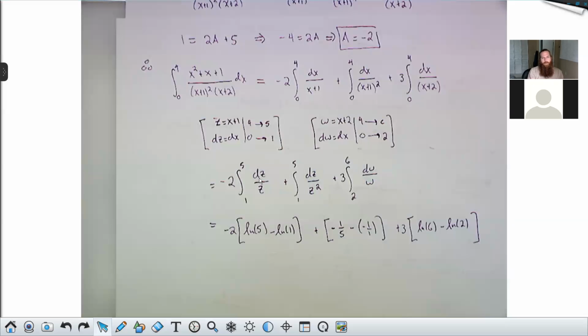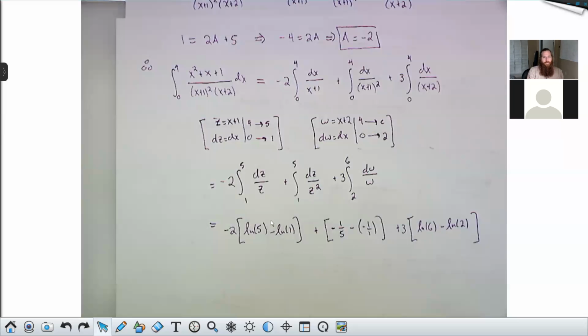We've done a million times the integral of dz over z. We've done a million times the integral of dz over z squared. You may want to write it out. You might want to write that this is ln absolute value z evaluated from 1 to 5. You may want to write this is negative 1 over z evaluated from 1 to 5. And you may want to write that this is the ln of absolute value w from 2 to 6. But I'm just jumping to this because I think it's fairly clear where we're going.